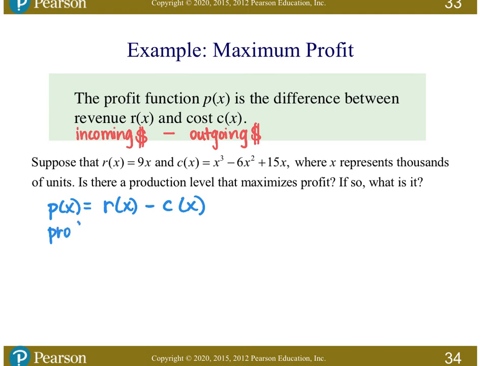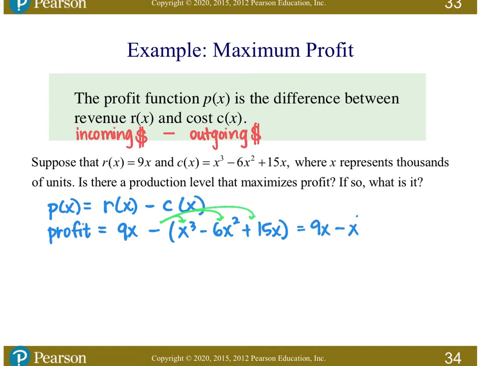So profit equals 9x minus parentheses x cubed minus 6x squared plus 15x, which is a little distributing of the negative for me. So that will give me 9x minus x cubed plus 6x squared minus 15x.